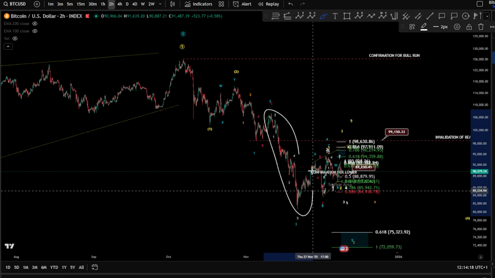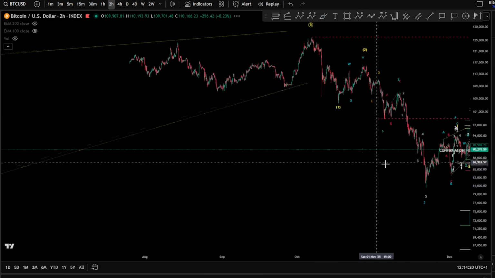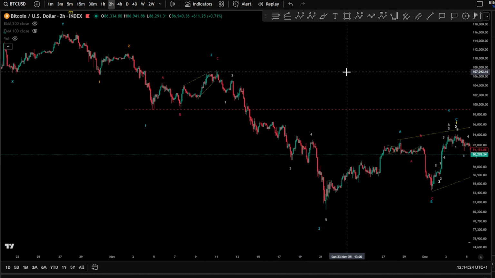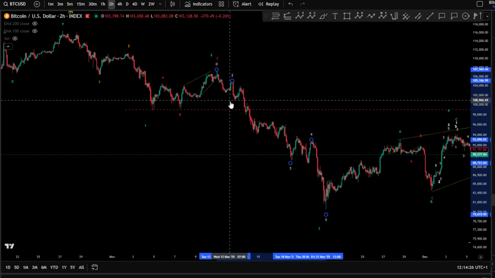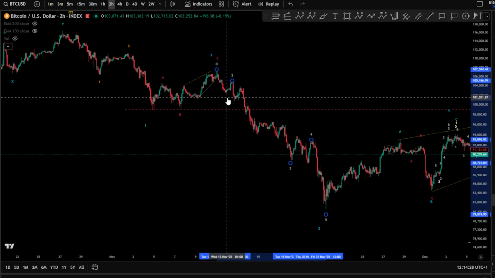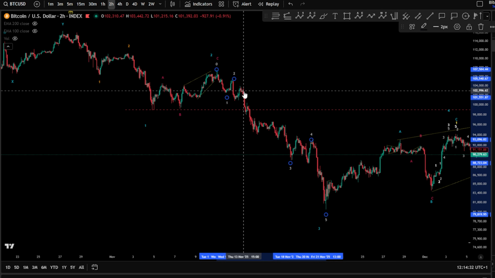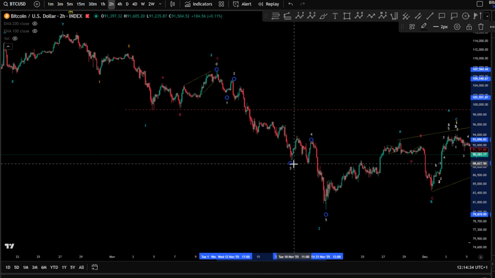Now, I have mentioned that on the daily there might be something wrong inside this wave 3, but actually on the lower time frame, it still looks somehow fine in case you have a 1-2 there, and you have a 1-2-3-4 and a 5, probably to finish a wave 3.